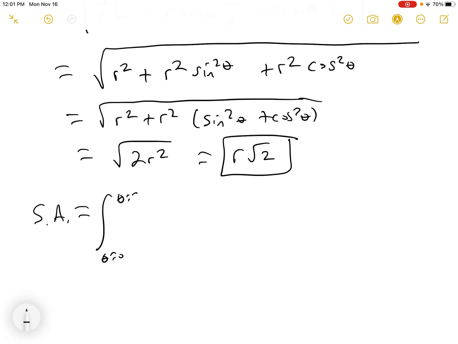All right, so the surface area turns out to be the integral of theta goes from 0 to 2 pi, r goes from 0 to 1, root 2 r dr d theta. And this becomes, well, you got to do it, I guess.